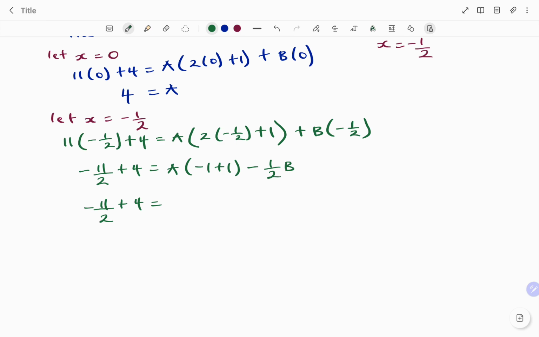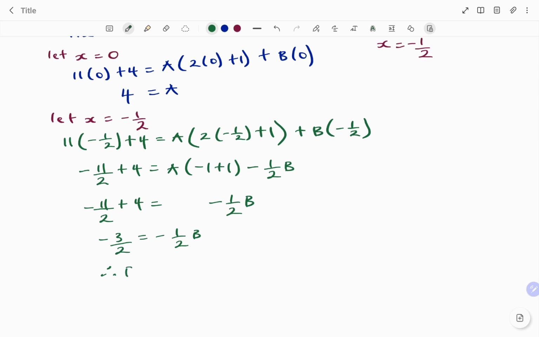So that goes off. I'm left with minus 1 over 2 B. And if I simplify, on my left hand side, minus 11 over 2 plus 4 will give me minus 3 over 2 equals minus 1 over 2 B.